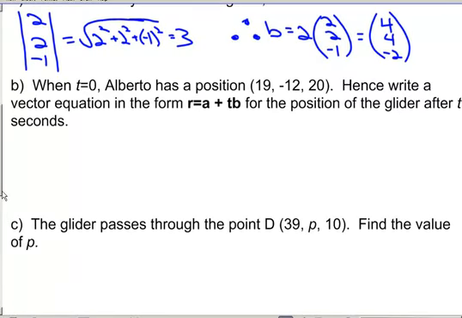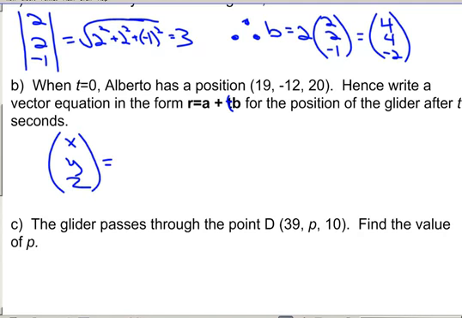When t equals 0, Alberto has a position of 19, negative 12, 20. Hence, write a vector equation in the form r equals a plus tb, that should be a non-bolded t, for the position of the glider after t seconds. So all we want to know is, where is Alberto after t seconds?